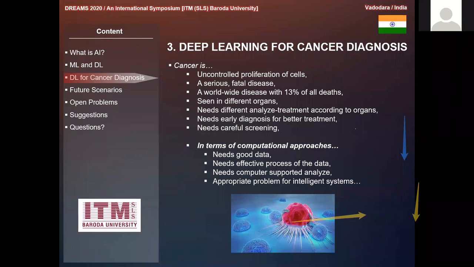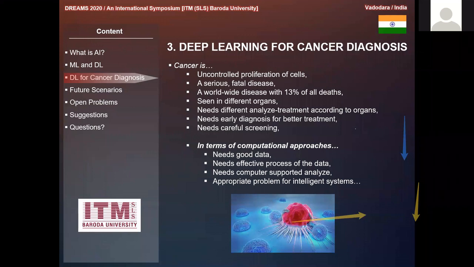Also, we should have careful screening for reaching the desired treatment objectives at the end.